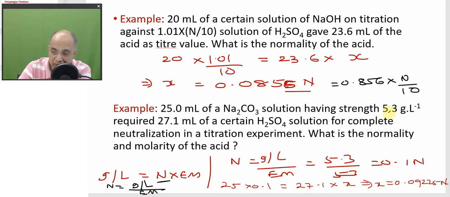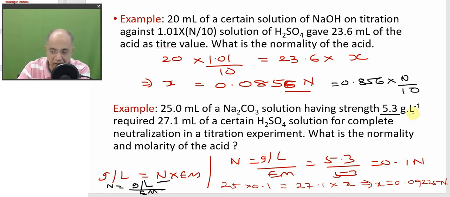So this is 5.3 and equivalent mass of sodium carbonate is 53. The N factor is 2. The total positive charge or negative charge is 2. So 106 by 2 is 53. So 5.3 by 53 is 0.1 N.